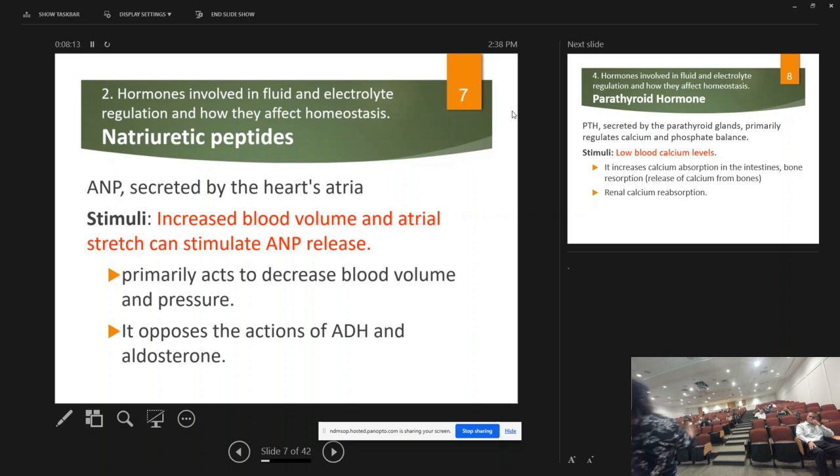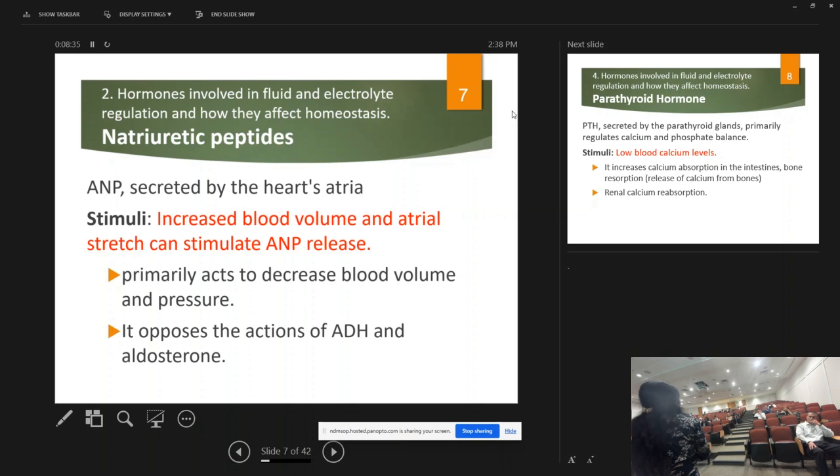And so like the balancing act of how much is released, it's not like an all or none response. So there is always an ADH level in your body. There is always this ANP level in your body. Depends which one is going really high. It's like a balance.